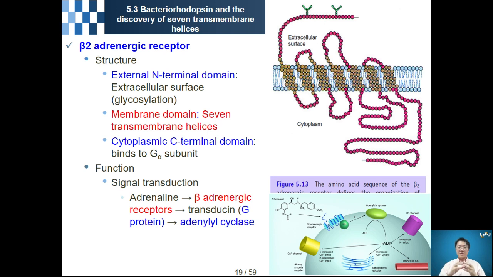After that, it will dissociate, separating from the G beta gamma dimer. After that, it will activate adenyl cyclase. Adenyl cyclase changes ATP to cAMP. So cAMP plays an important role in the internal signal transduction pathway. For example, it will open the calcium channel or the potassium channel.